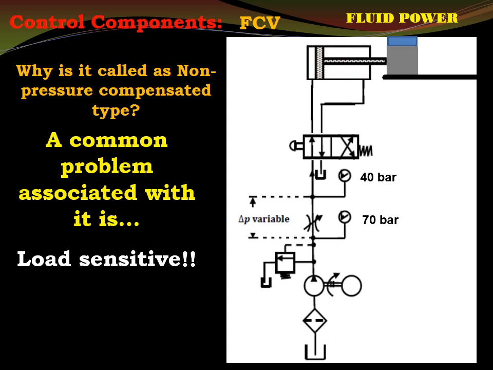So what happens with the increase of load is that the speed of extension reduces. So definitely we can say with the reduction of load, speed of extension will increase. That is why it is being said that this kind of FCVs are load sensitive. Change the load, speed of actuation will change. Understood?